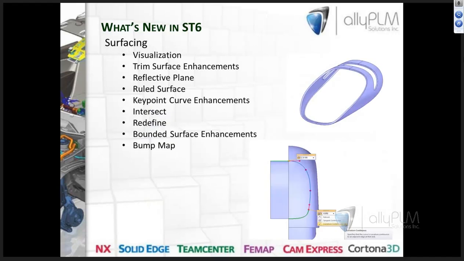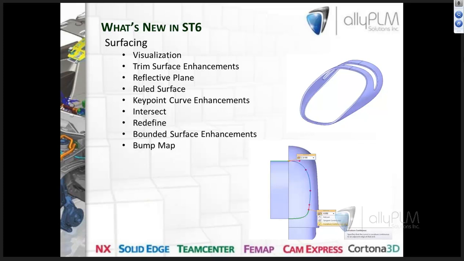So the first big bullet point we want to talk about here is surfacing. A lot of work done with surfacing tools in the part environment, work done in visualization tools, trim surface tools, a new reflective plane, ruled surface, some key point curve enhancements that I think everybody is going to really like, an intersect command between surfaces or sheet bodies, being able to redefine a face or a surface.